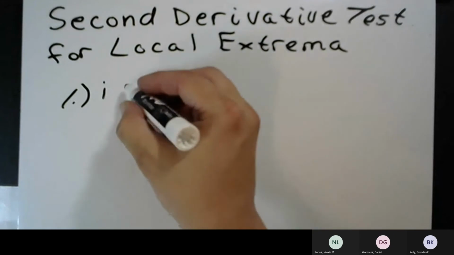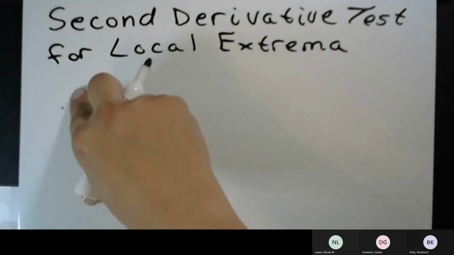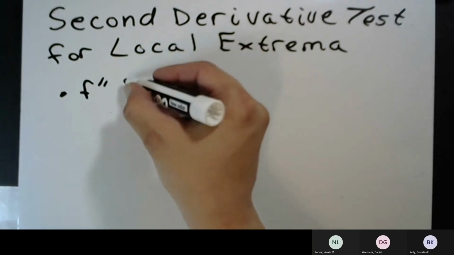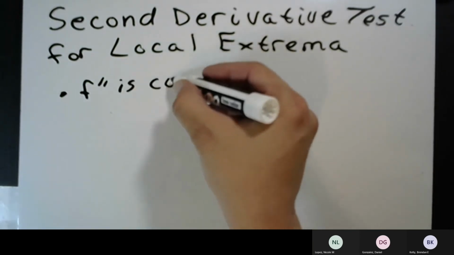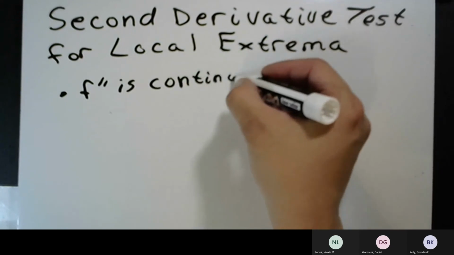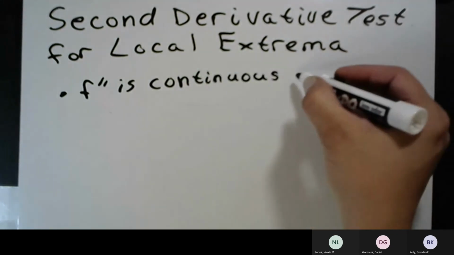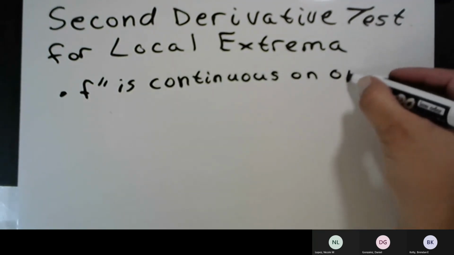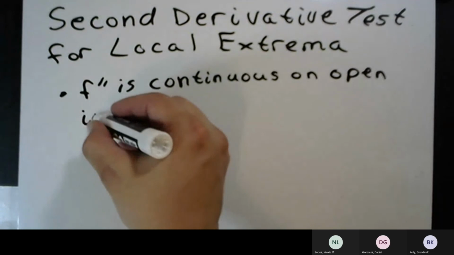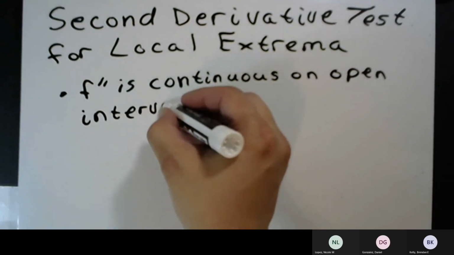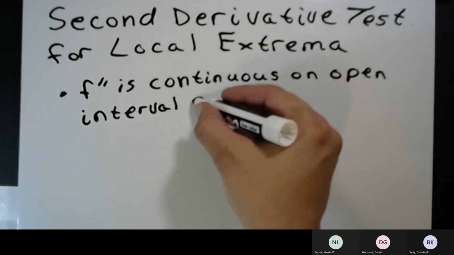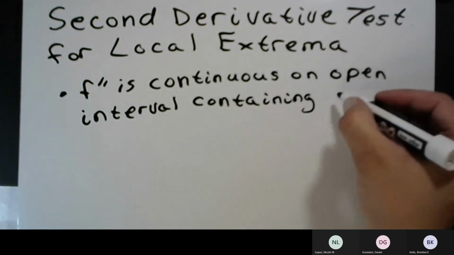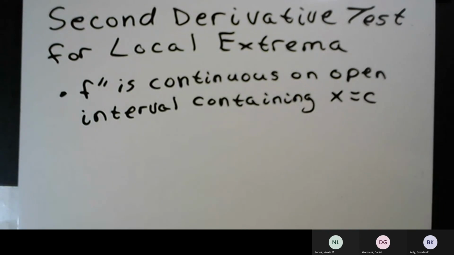If, now let me put some preliminaries here. We want f double prime to be continuous on an open interval containing x equals c.